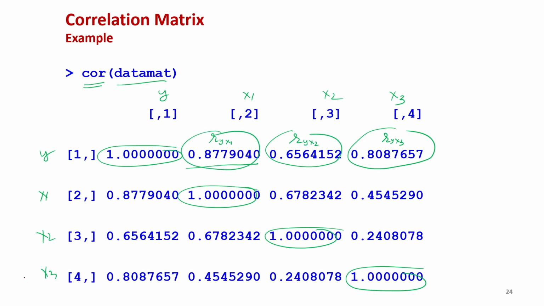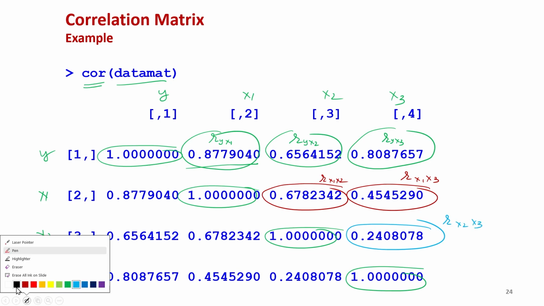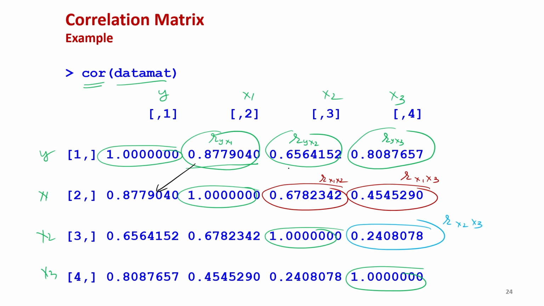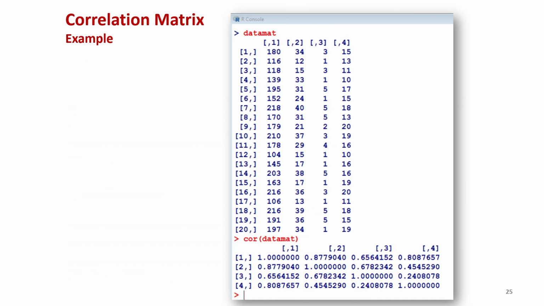Similarly, this is the correlation coefficient between x1 and x2, and this is the correlation coefficient between x1 and x3. And finally, this is the correlation coefficient between x2 and x3. And yeah, this is a symmetric matrix, so you can see these values are the same, right, and so on. And this is a screenshot of the same operation.